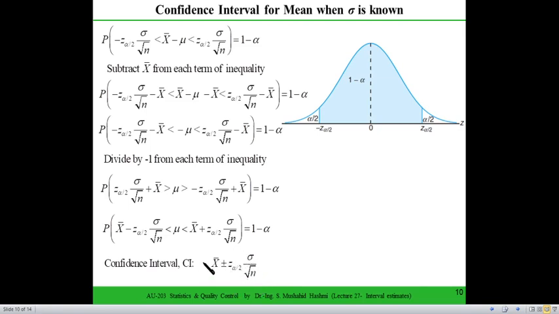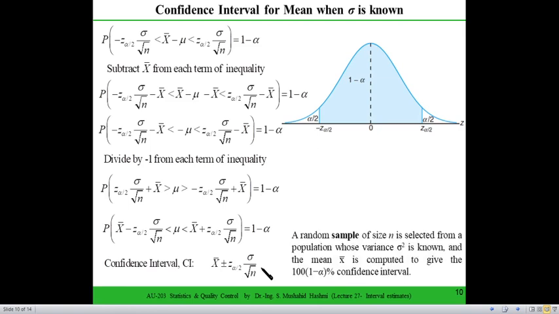So the point estimate, which is the sample mean, plus or minus the standard error, is a rule, or a formula, which allows us to calculate the confidence interval estimate. With 95% confidence, you can say that your true mean lies in that confidence interval. So that is what we have worked out.